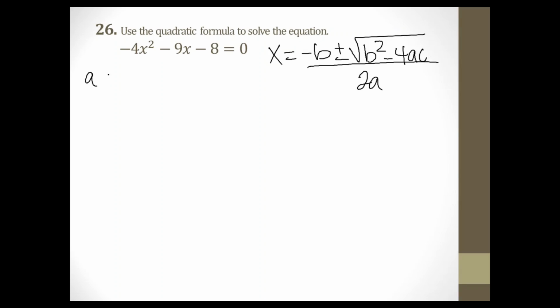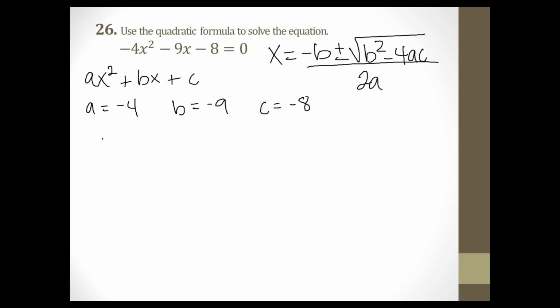So remember, we're getting it from ax squared plus bx plus c. So a equals negative 4, b equals negative 9, and c equals negative 8. So let's take our time and plug in everything.